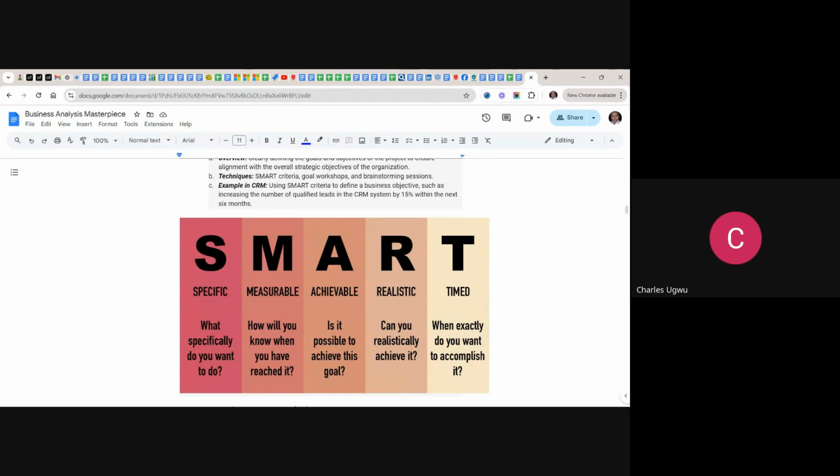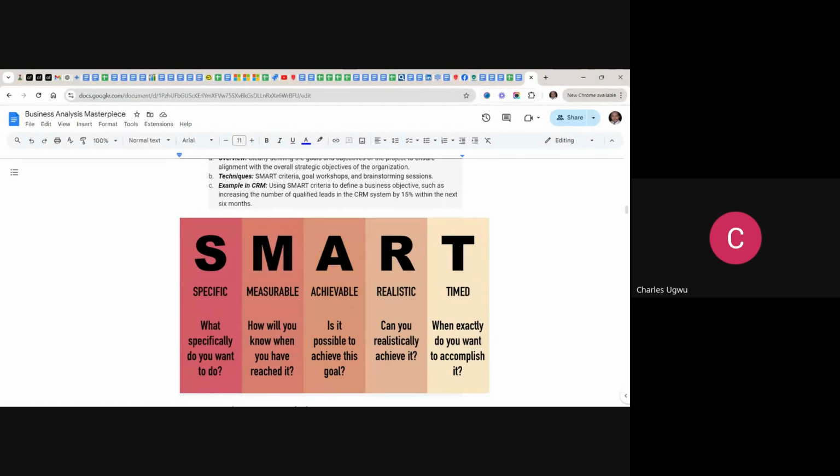So that is number 2. Number 3 is achievable. Is it possible to achieve this goal? Is this goal achievable? You have to analyze, brainstorm to make sure that it's achievable. Realistic. Can you realistically achieve this? Let's be realistic.